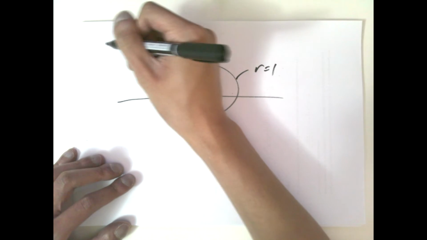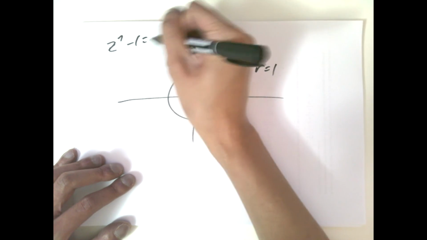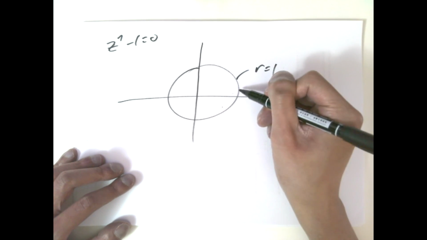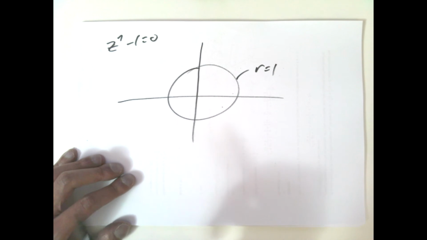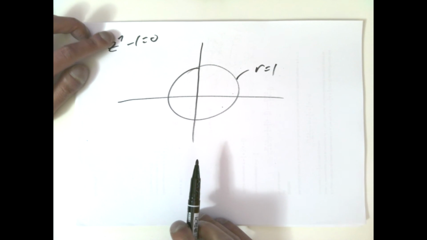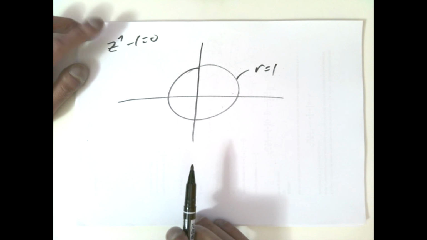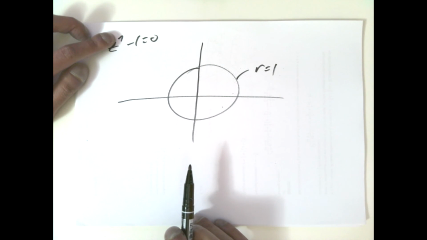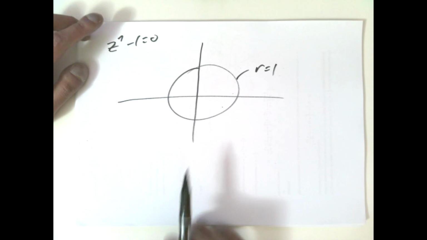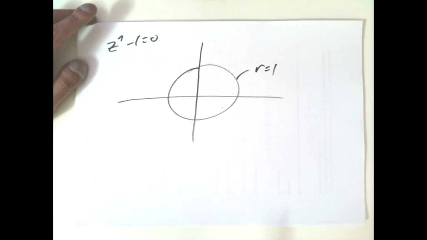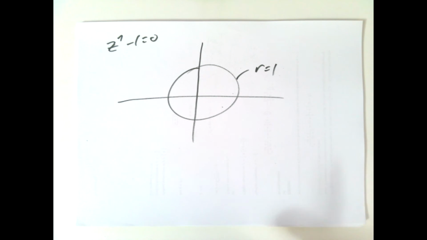And if we have Zn, the n roots of unity, as we have n increasing more and more, the polygon that all these roots trace out goes from an equilateral triangle to a square to a pentagon to a hexagon and so on, and it keeps on increasing all the way until it gets to a circle.